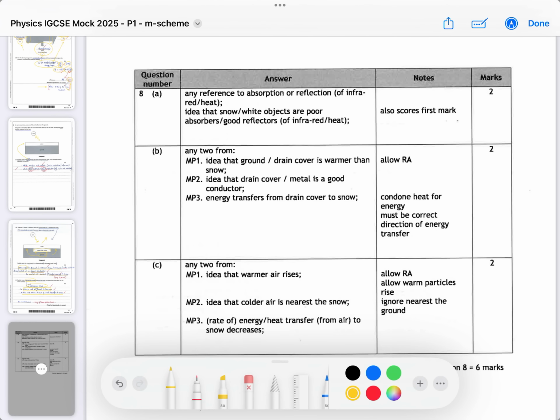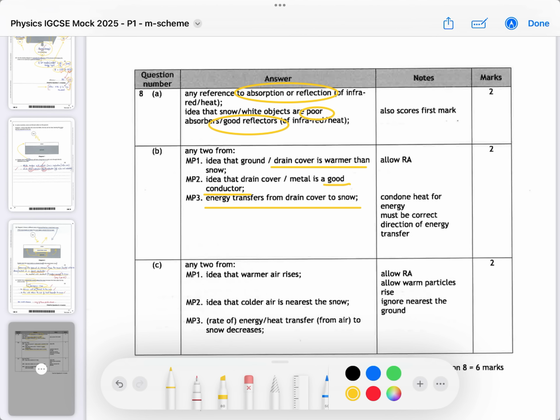Any reference to absorption or reflection of infrared heat, and then the idea that white objects are poor absorbers or good reflectors, again of infrared. Then the marks for the conduction: drain cover is warmer than the snow, well, we're assuming it is. The idea that the drain cover is a good conductor, and then the fact that the energy transfers from the drain cover to the snow.